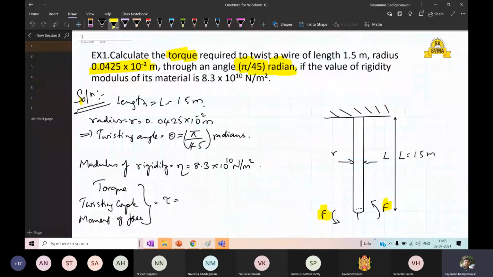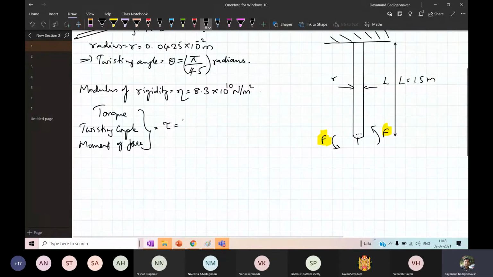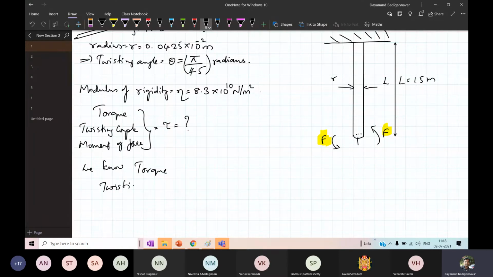So the first one, you have to evaluate tau. We know that tau, torque or twisting couple, is equal to pi eta r raised to 4 divided by 2l into theta.